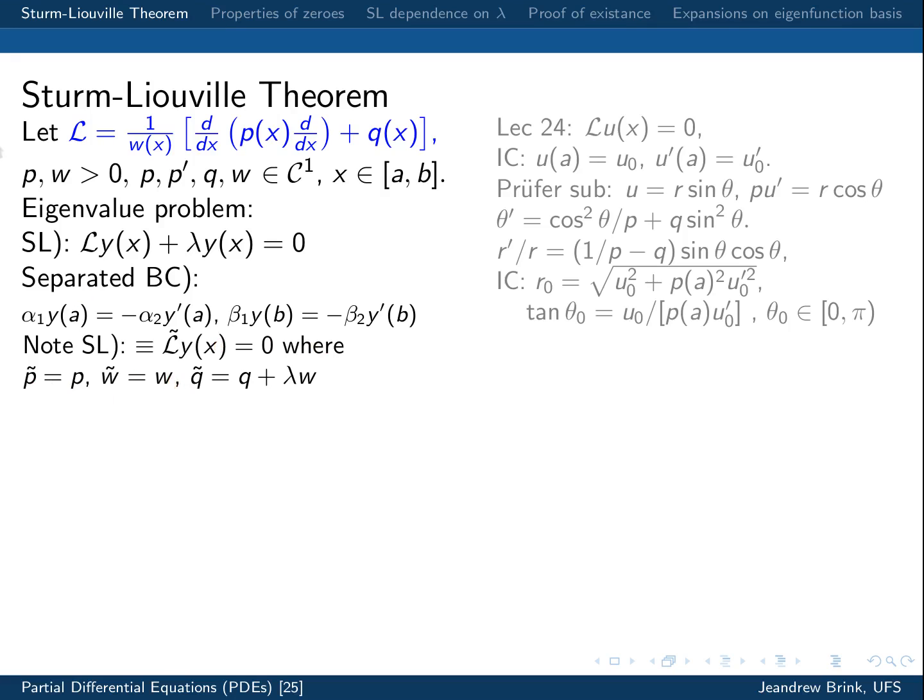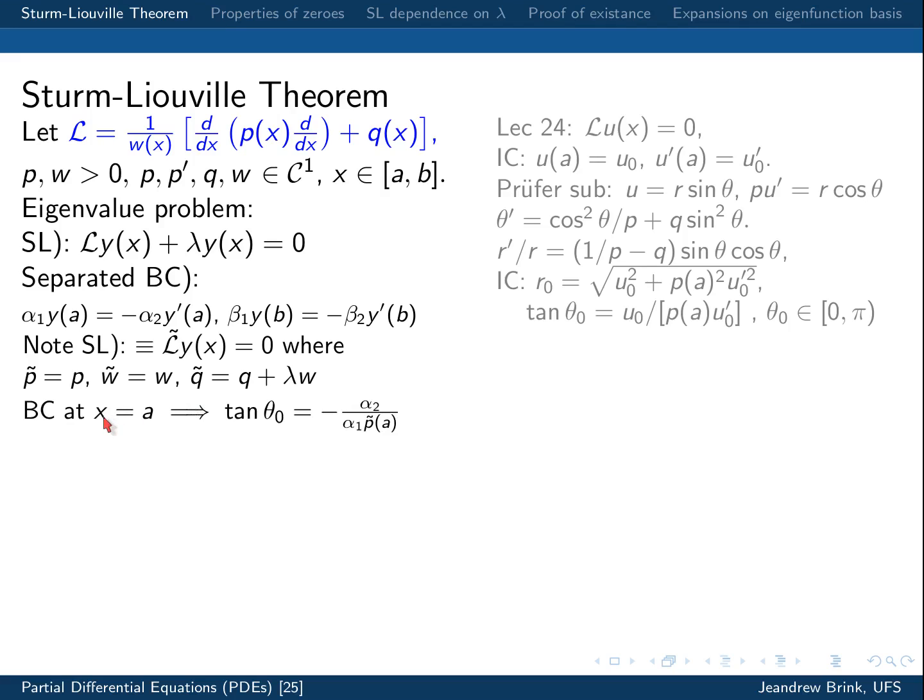So if p and w are greater than 0, the tilde versions inherit that. But the thing that we change a bit is q. We say q tilde is now q, the function we defined in the operator L, plus lambda times w of x. So if q obeys all these properties, q tilde also obeys all these properties. So we've simply recast our eigenvalue problem as an ordinary problem that we've solved in lecture 24, but with a slightly modified operator.